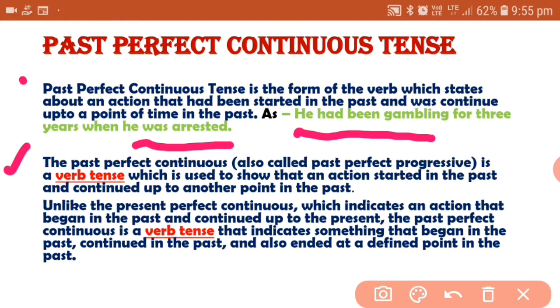Students, it's very clear. We can say the task which had been started in the past and completed also in the past, but between these two there is a duration. For that we can use past perfect continuous tense.